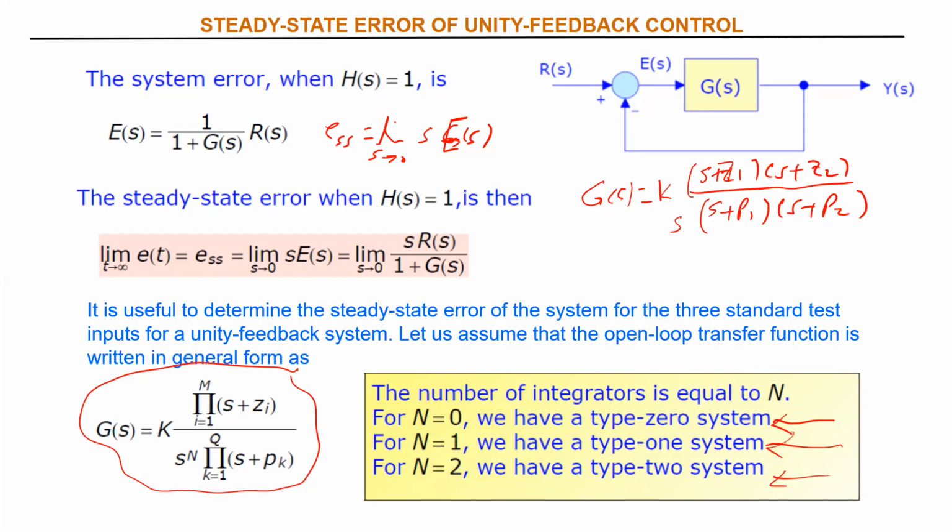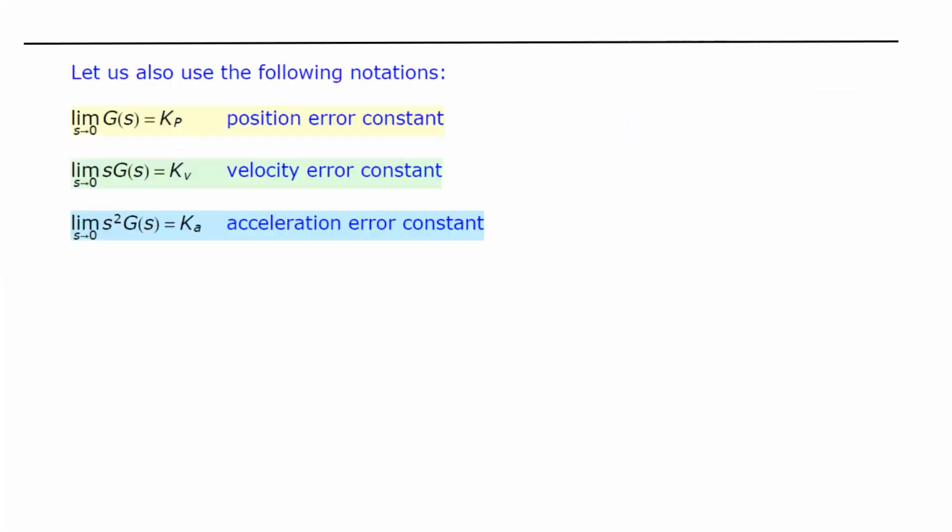This will show us certain simplifications in our analysis of the steady state error for the various types of input which we would like to have. Usually, we deal with step input, ramp input, and parabolic input. With this in mind, I will define three types of error constant.